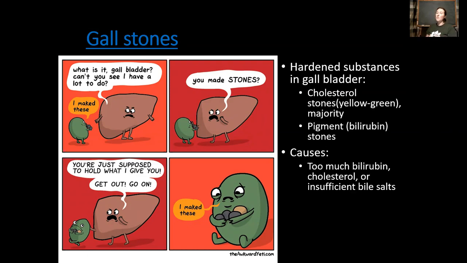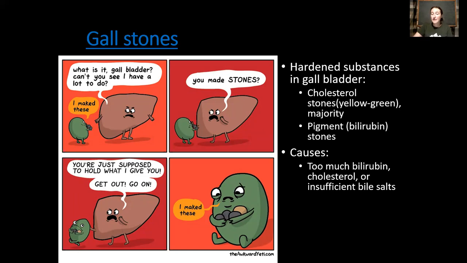This can happen when you are breaking down way too much blood, so more blood than you normally would be. You would therefore be making lots of bilirubin, and that bilirubin can stick together in your gallbladder and make these darker, blackish color stones.